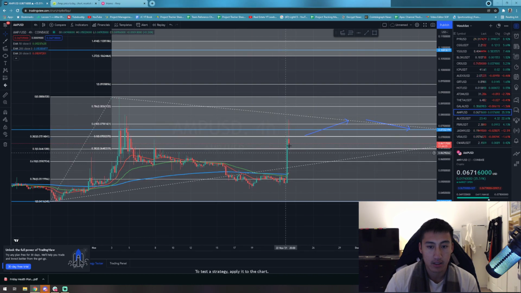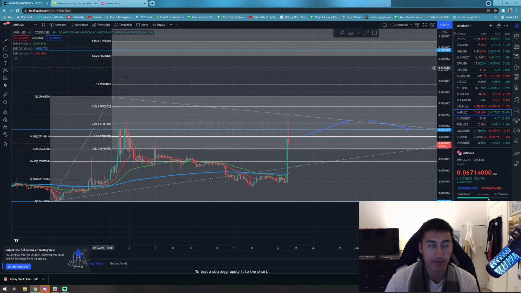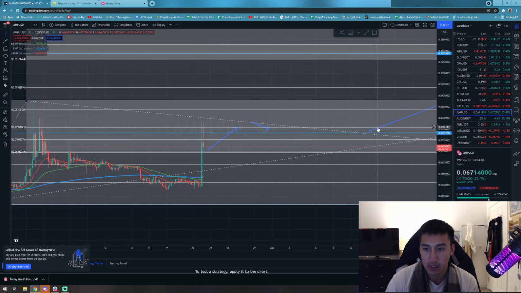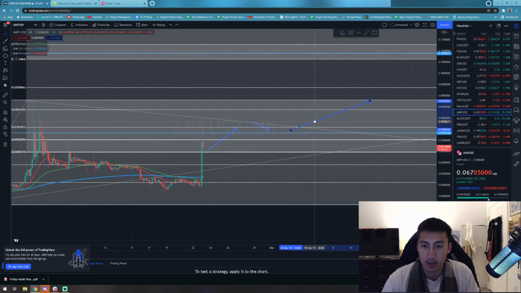So with the trend-based fib extension, it might drop down to the 0.382 and then hopefully come to this resistance level, then retest back at the new support, and from here hopefully we'll go up.